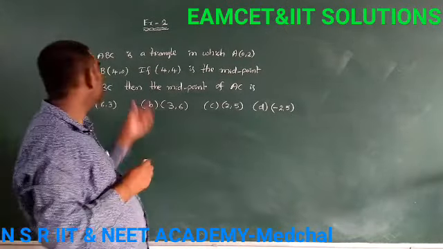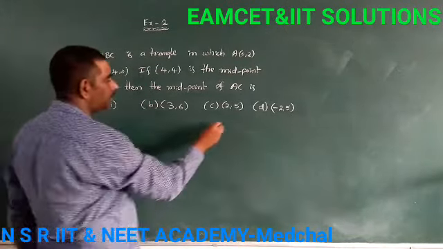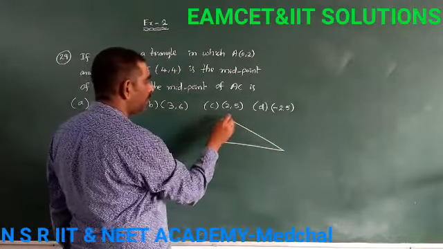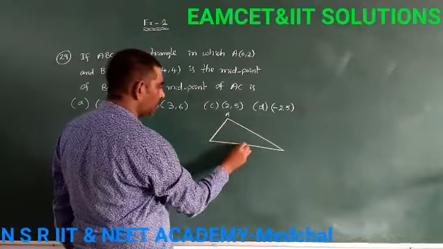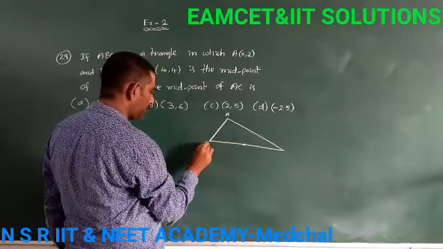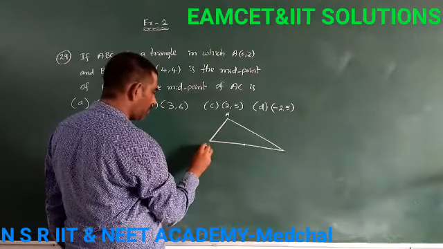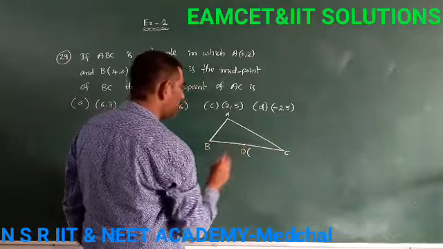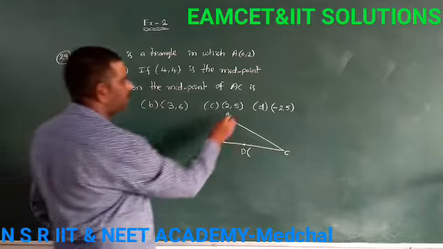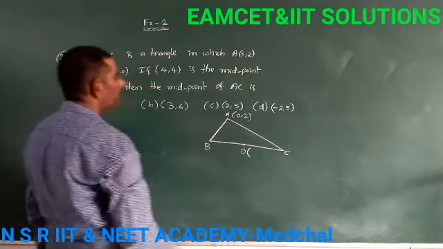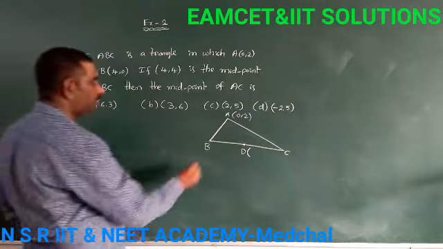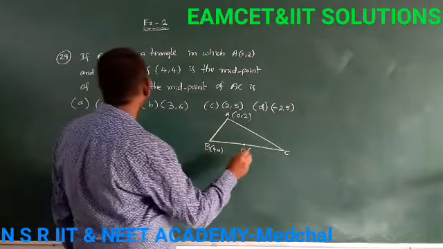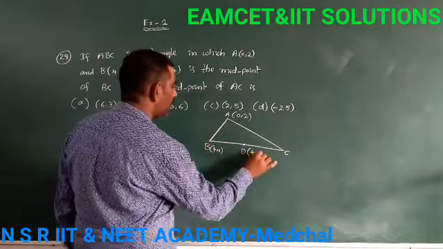So next question is, if ABC is a triangle in which A is given and midpoint of BC is given. So this is B and this is C, and this is the midpoint of BC, D. So A is (0, 2) and B is (4, 0) and the midpoint of BC is given, that is (4, 4).